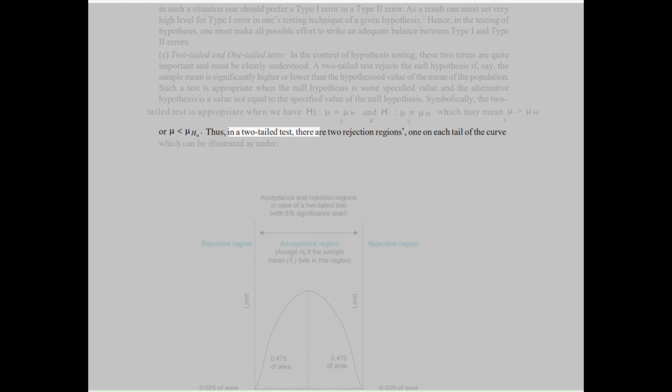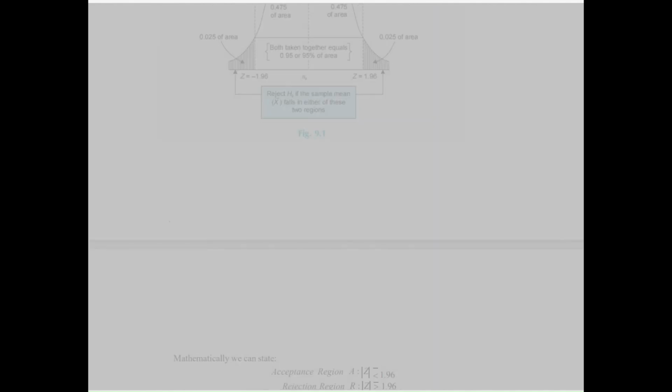Thus, in a two-tailed test, there are two rejection regions, one on each tail of the curve, which can be illustrated as under. Pause the video to look at the figure. Mathematically, we can state acceptance region A, |Z| < 1.96, rejection region R, |Z| > 1.96.